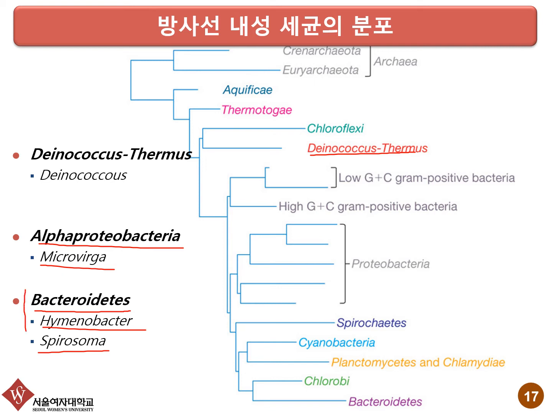For example, Bacteroidetes are here, the alpha proteobacteria are here, and Deinococcus are here. That means the radiation resistance genes are spread across different phyla in the bacterial kingdom.